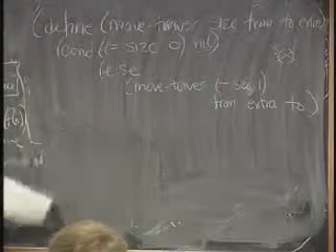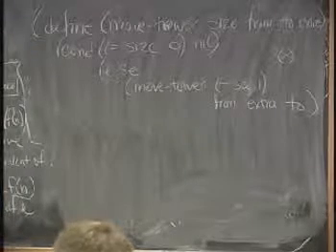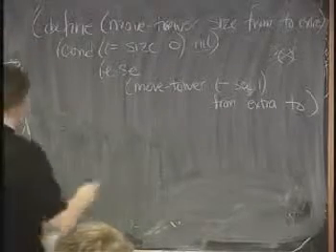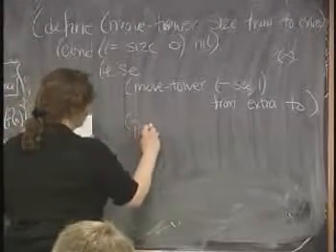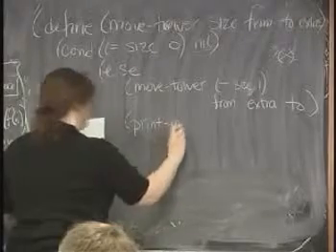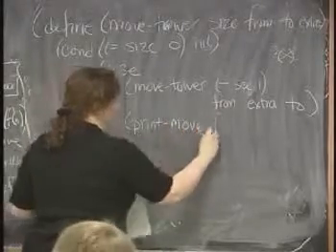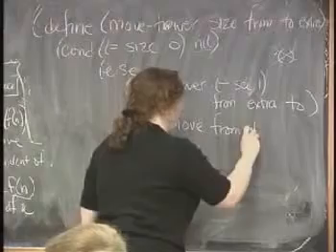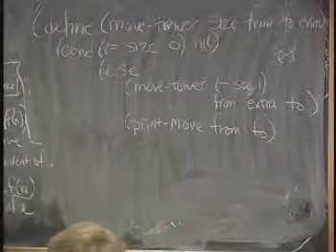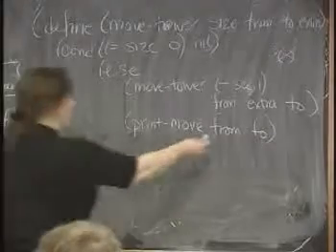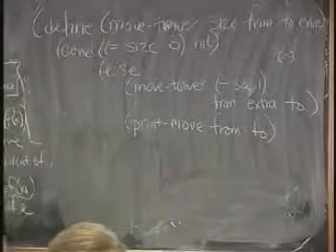Okay, so once we move the smaller stack to that extra peg, we're going to print out the move from from to to. We're just going to tell the user we're moving a disk from our from peg to our to peg.